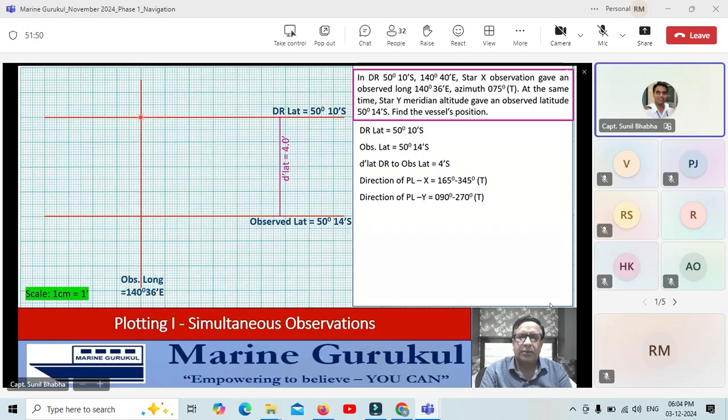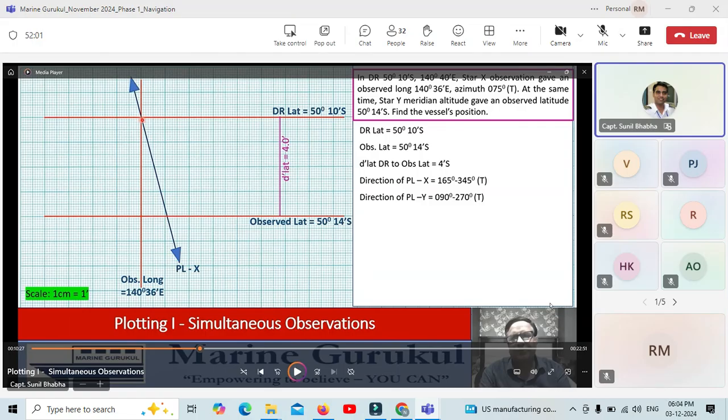And direction, as already calculated, is 165 to 345. We have this PL for star X coming up here, passing through this point. Okay, beta. So you see we have plotted our first position line. The longitude by chronometer PL is plotted. Have a good look. Let me know if any doubts are there in this PL, beta.